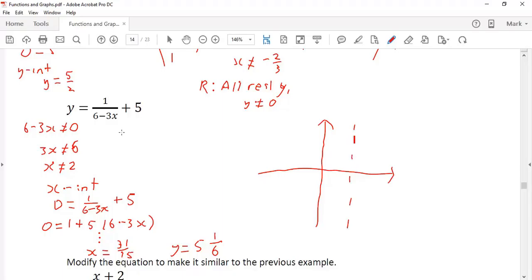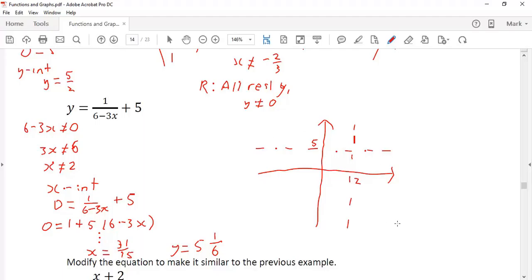Notice this plus 5 shifts that original asymptote at y equals 0 up 5. So that's 5 there, and I know that's 2. So we know it's a negative graph, so it's going to be in these two quadrants.